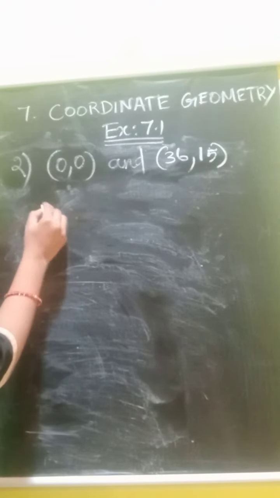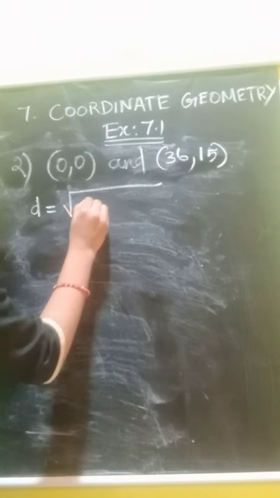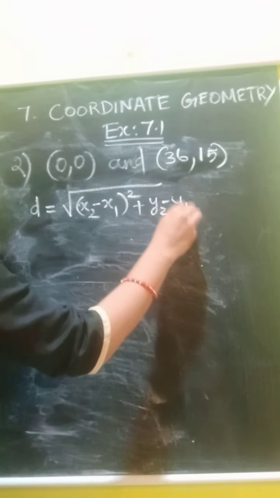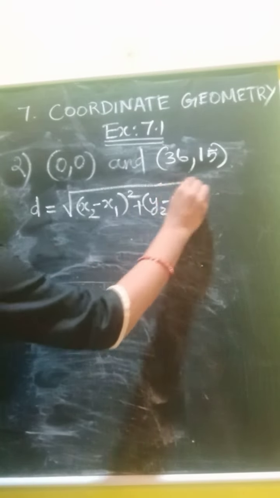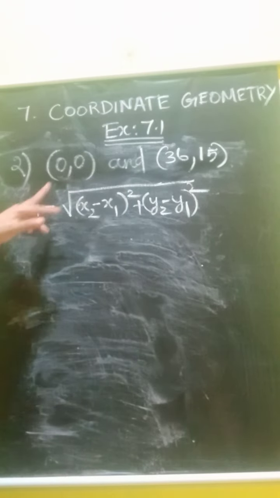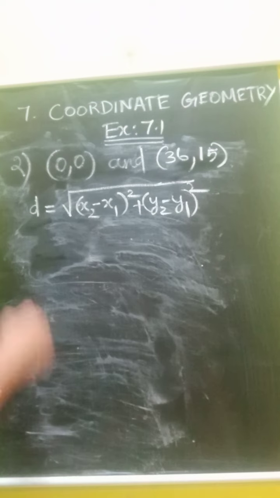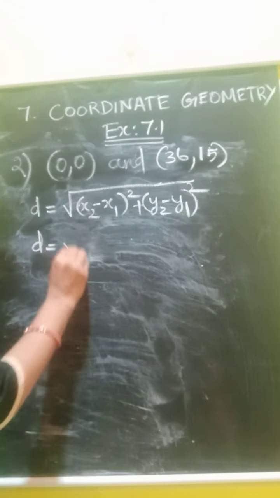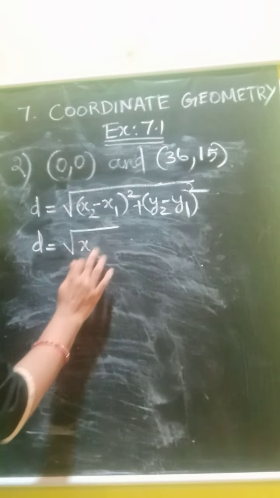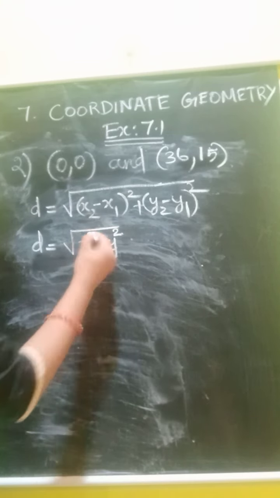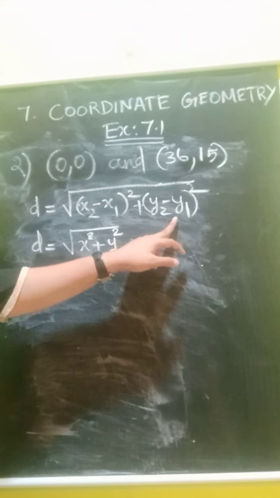The origin. So the distance formula is, we know very well, x2 minus x1 the whole square plus y2 minus y1 the whole square. So if the distance we need to find from the origin, the distance formula gets reduced to x square plus y square, because x1 and y1 becomes 0.